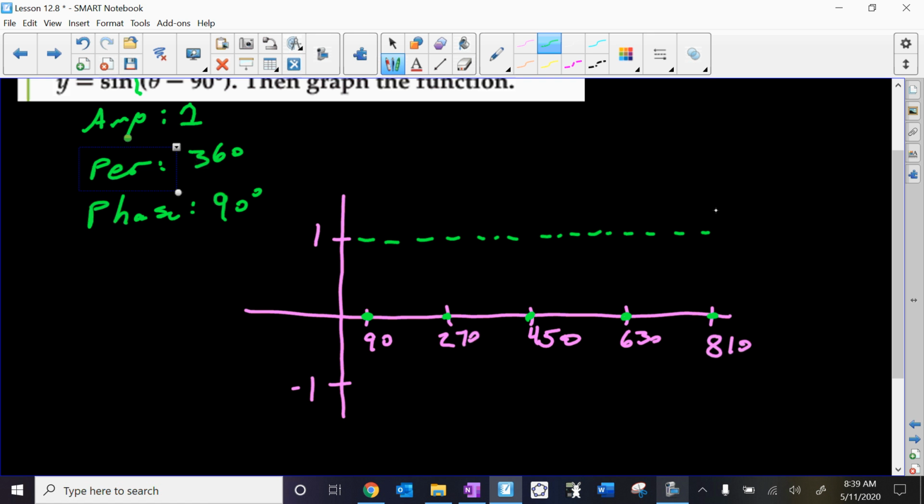Draw in my dashed line so I know that I can't cross it.